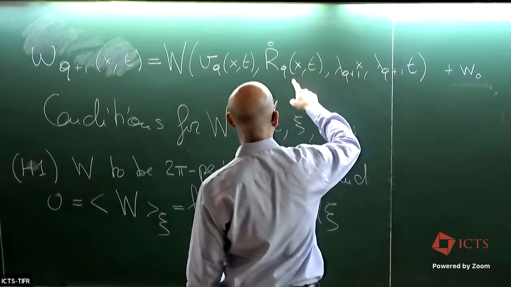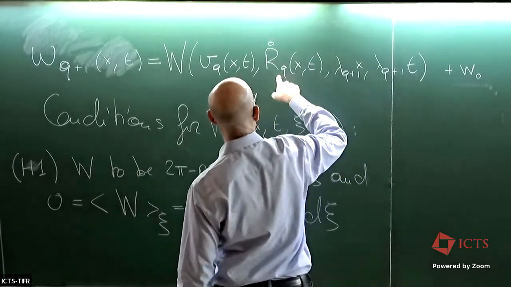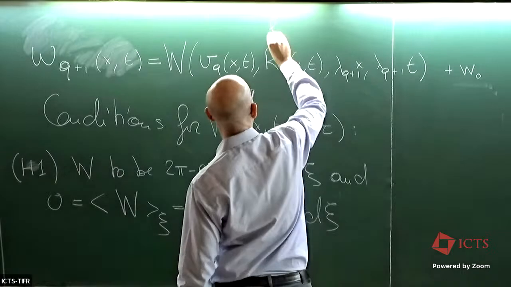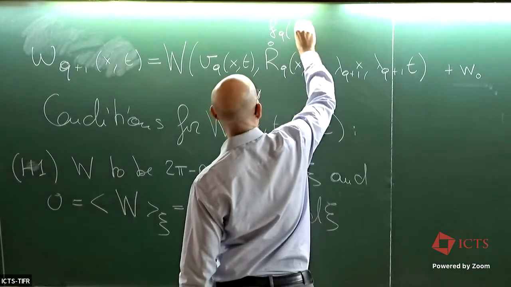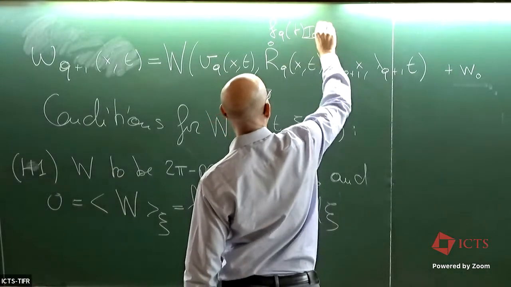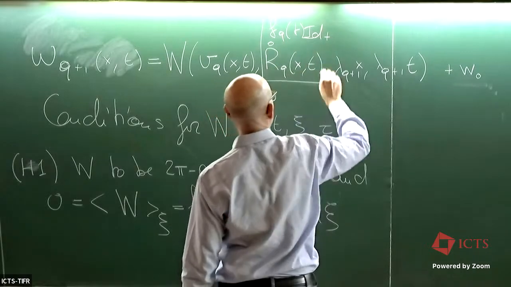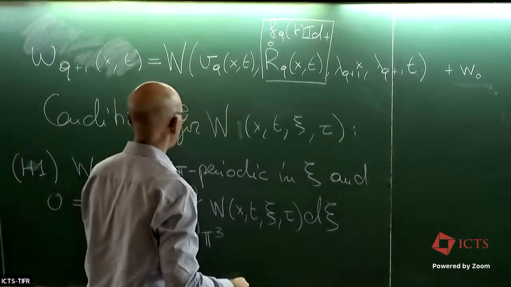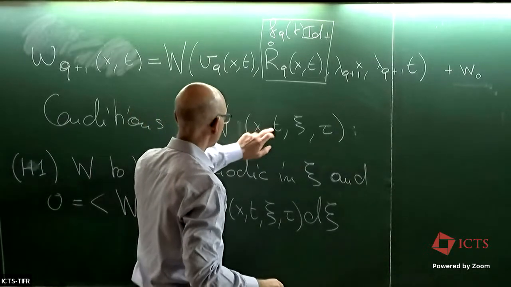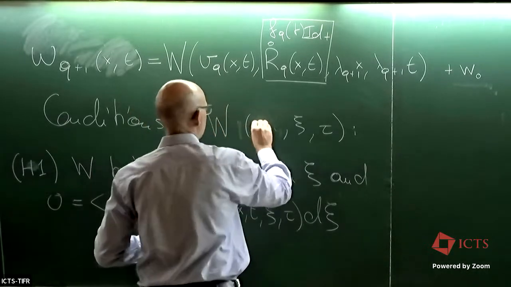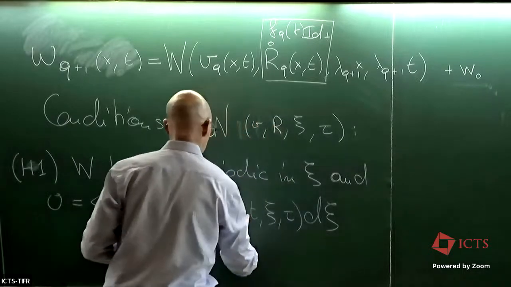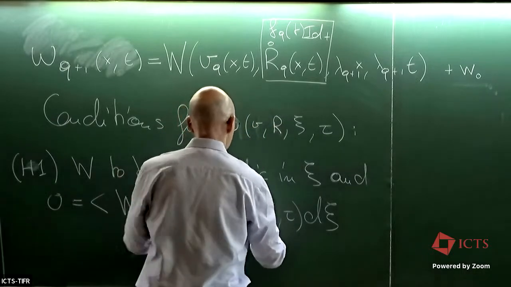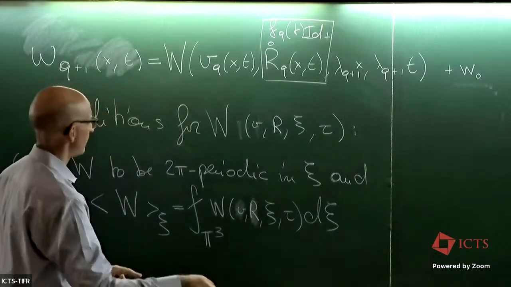Here I wanted to add, remember that I want to do this for some function fq of t times the identity. Sorry, this is not a function of x and t, it's a function of v and r. It becomes a function of x and t when I substitute for v and r the values.